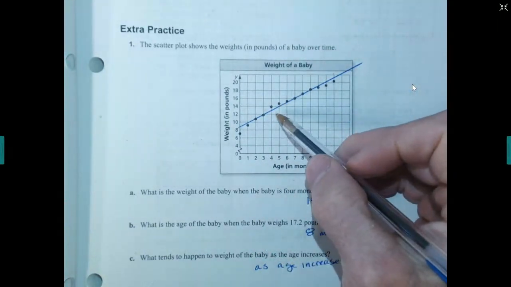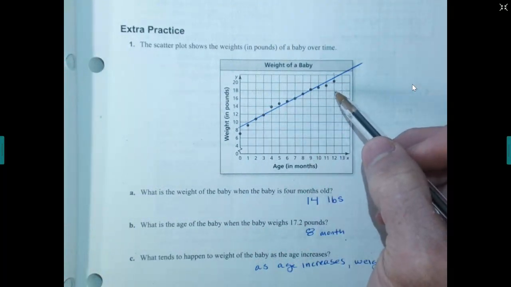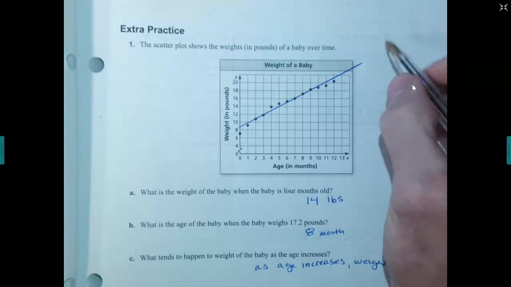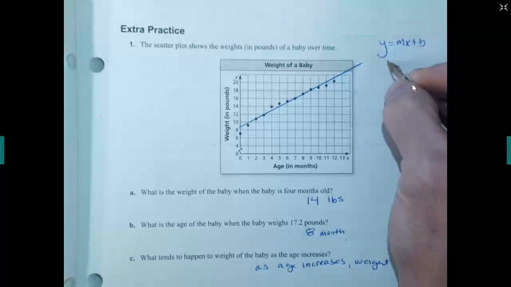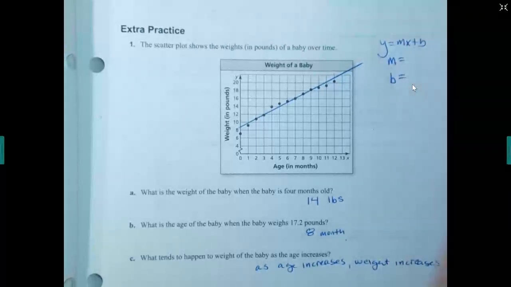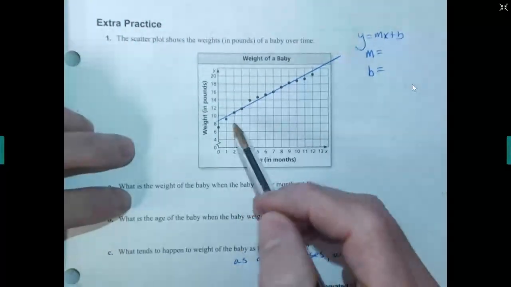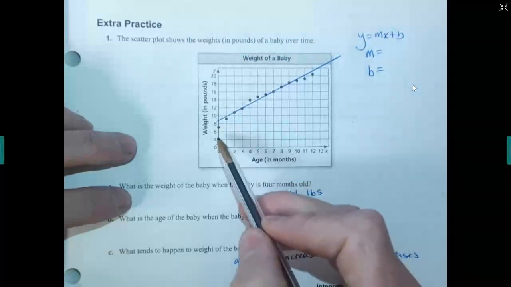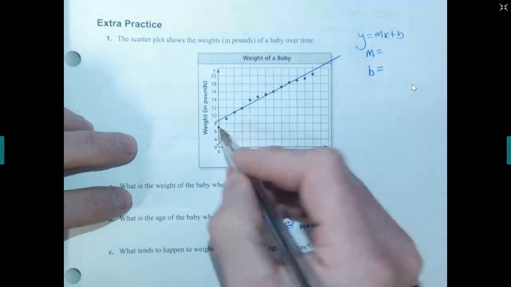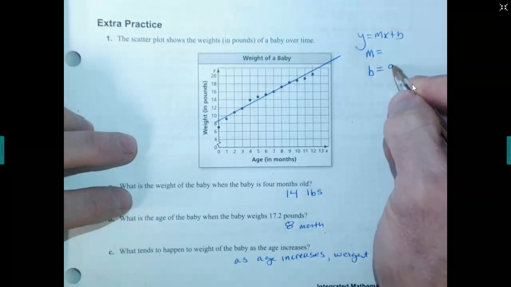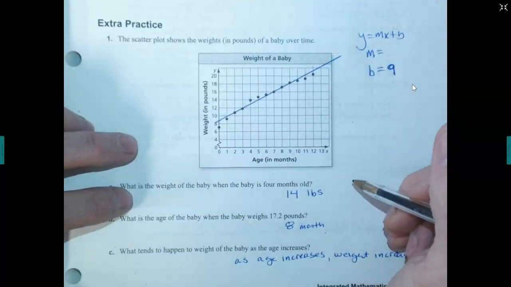So in order to write the linear equation, if we're going to use slope-intercept form, I need a slope and I need a y-intercept. So if I look, according to my line, it comes off here, 6, 7, 8, 9. So right here is where my line comes off. So my y-intercept is 9. So at 0, I'm at 9. So there's my y-intercept. Now what about my slope?